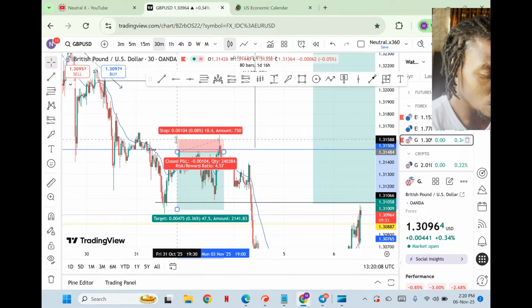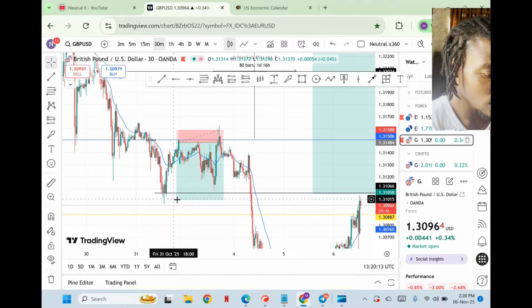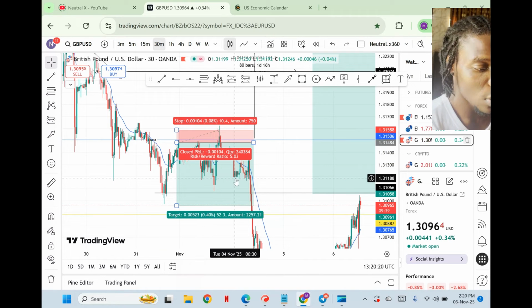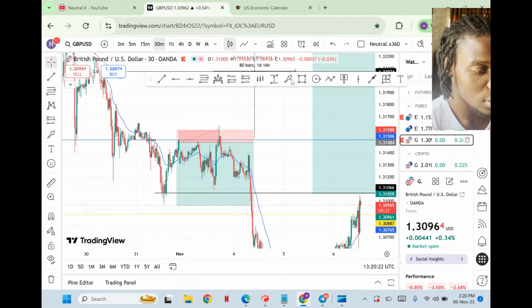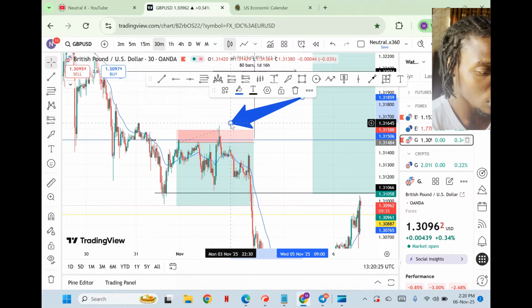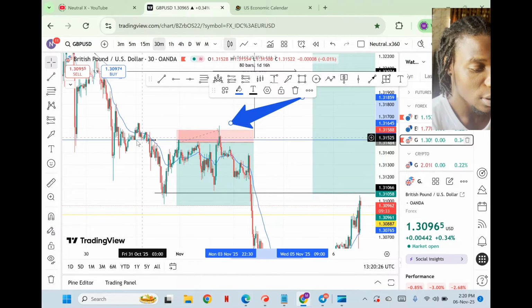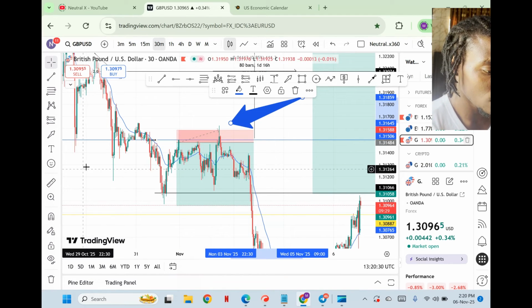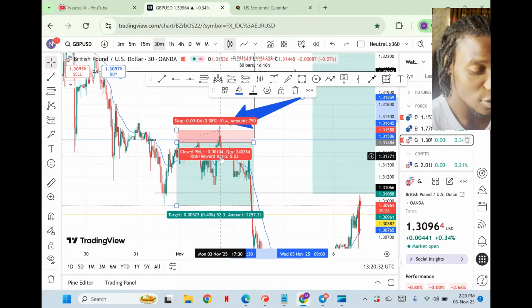You see the way you're targeting this, you can see the way the price would have stopped you out, but you are right. So all these types of stops are called news fluctuation. All right, so that's why I don't really do day trading on currency pair anymore. So all these would have stopped you out.